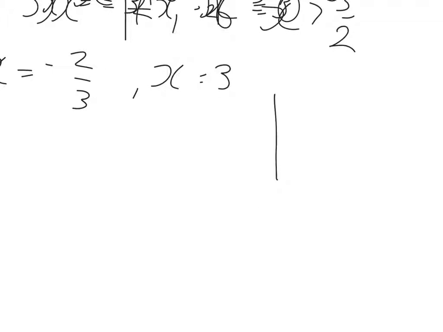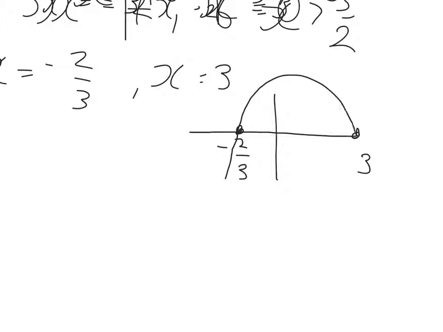So I'm interested in whether this thing is greater than or equal to 0. First of all, remember that it was a negative x squared, so it's going to be a maximum turning point, with the roots at minus 2 over 3 and 3. So that might look a bit like that.